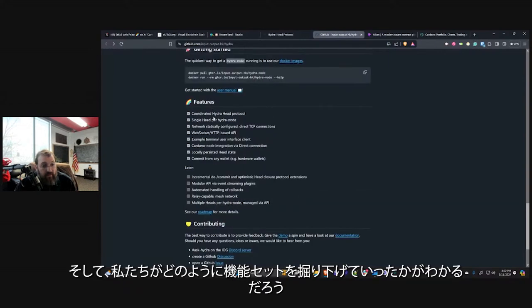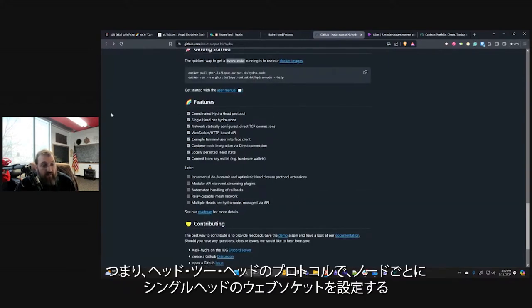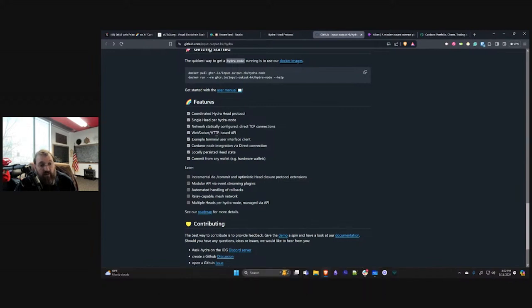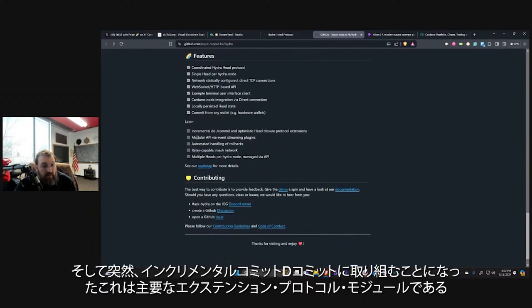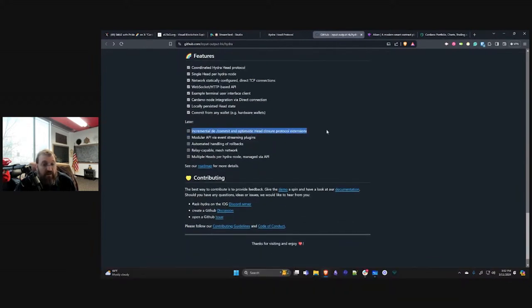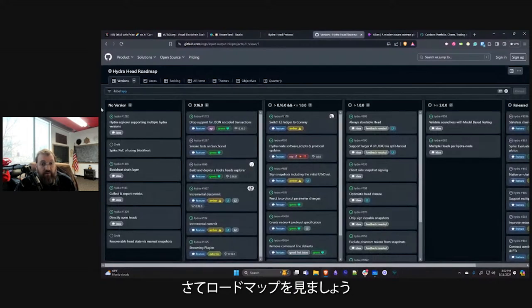And you can see how we've kind of worked our way down the feature set, so head-to-head protocol, single head per node, WebSocket configured, terminal use, etc. And all of a sudden now we're working on incremental commit and decommit, which is a major extension of the protocol, modularizing things, and more on the roadmap. And the roadmap is here. So what does this translate to?